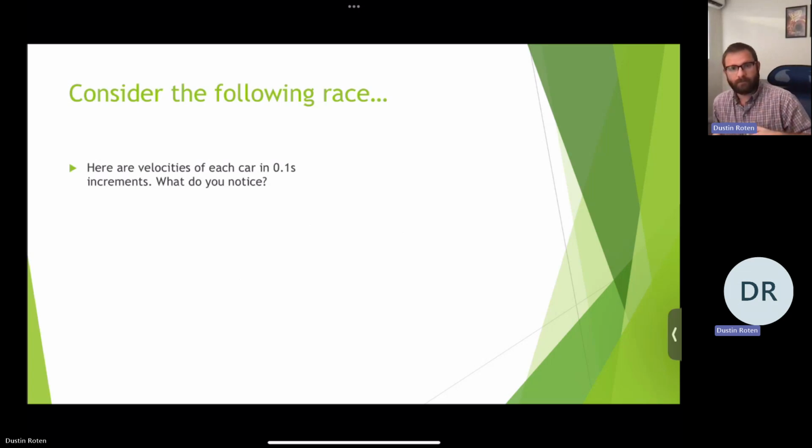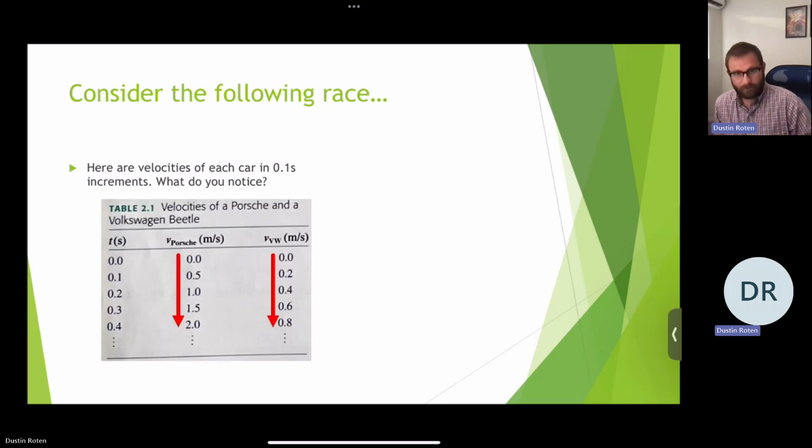So here we have the velocity of a Porsche and the Volkswagen Beetle. You'll notice that as we go in tenth of a second increments, by the time we get to 0.4 seconds, the velocity of the Porsche is already 2 meters per second, whereas the velocity of the Beetle is much slower.